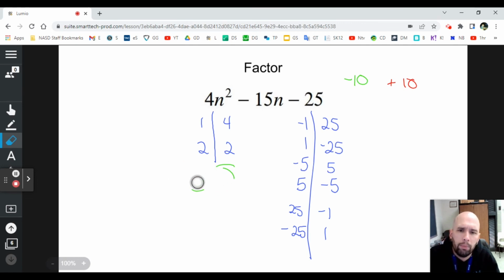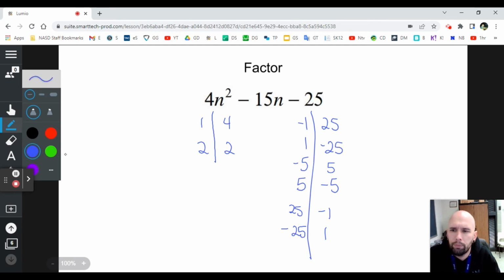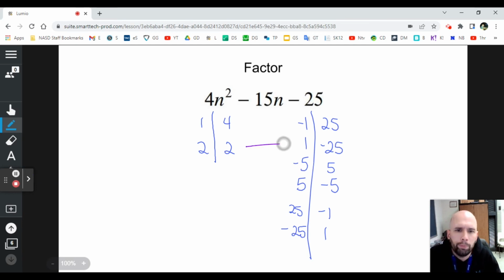Oh, I think I see it. I think it's this one. Let's get a different color. Let's get purple. 2 and 1. No, that won't work either.